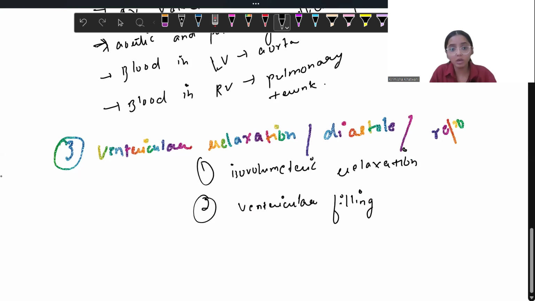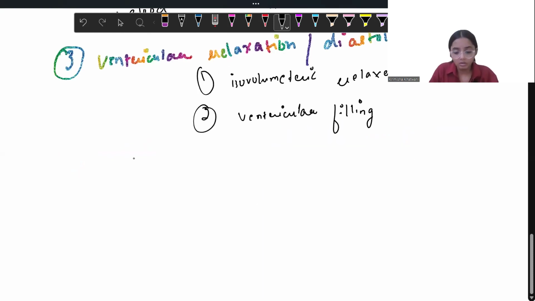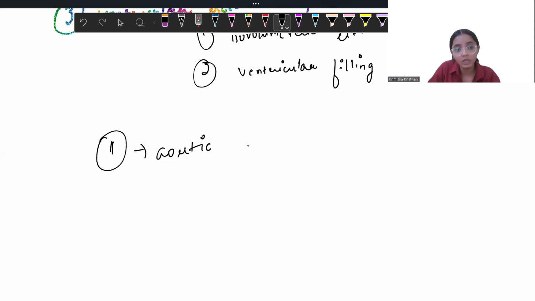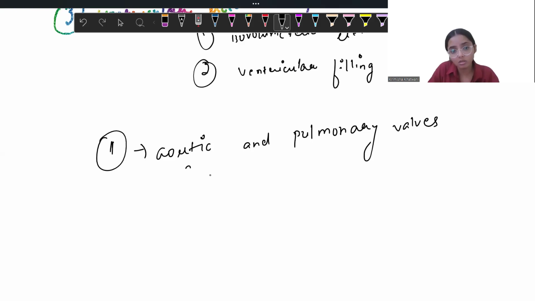Okay, so let us see what happens during first phase of ventricular diastole. So during first phase, that is isovolumetric relaxation, the aortic and pulmonary valves close.